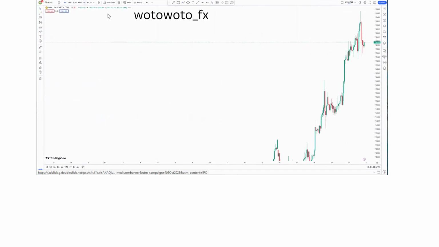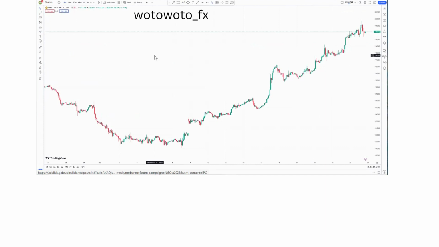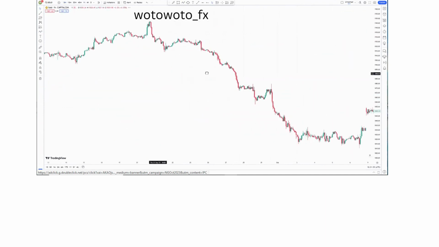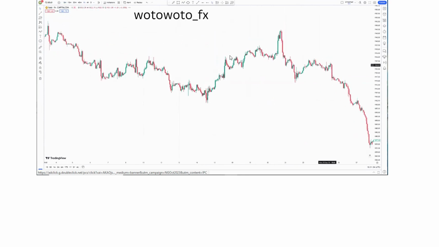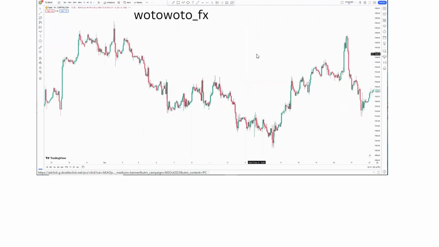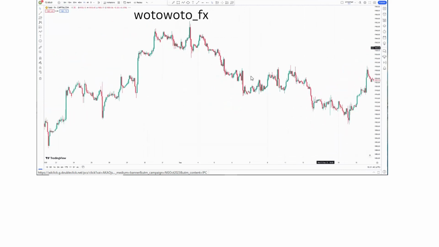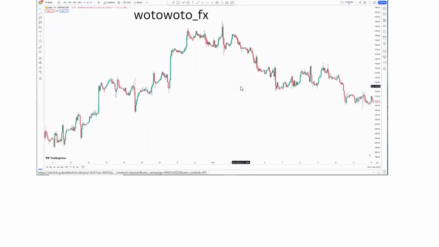In this case scenario, what we are going to use here is, let's see, I'm going to use 1 hour. So going back to the charts, we use here as a case scenario.